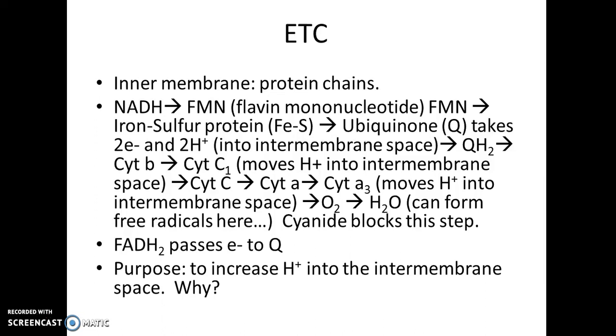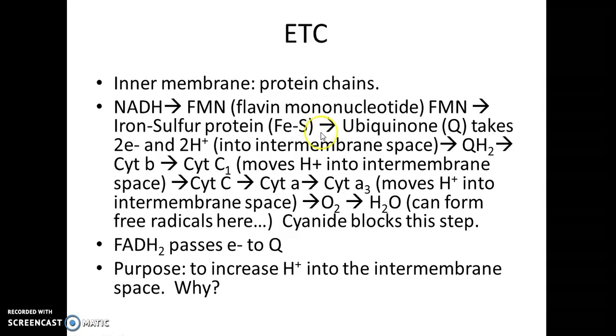What they're going to do is pass electrons, just like photosynthesis, from protein to protein. So NADH passes the 2 electrons, and we're just talking about electrons here, to flavin mononucleotide. Flavin mononucleotide passes the 2 electrons to an iron sulfur protein, that's FeS, iron sulfur.